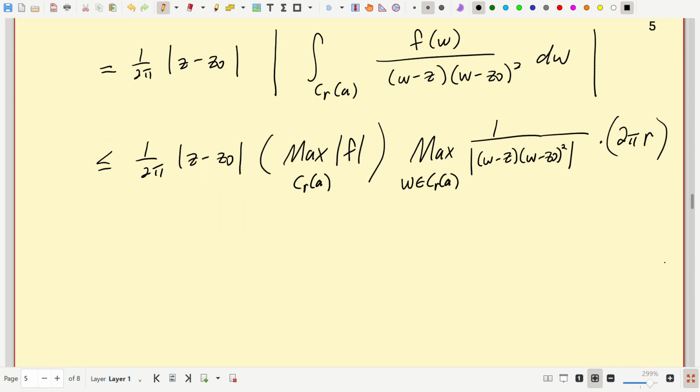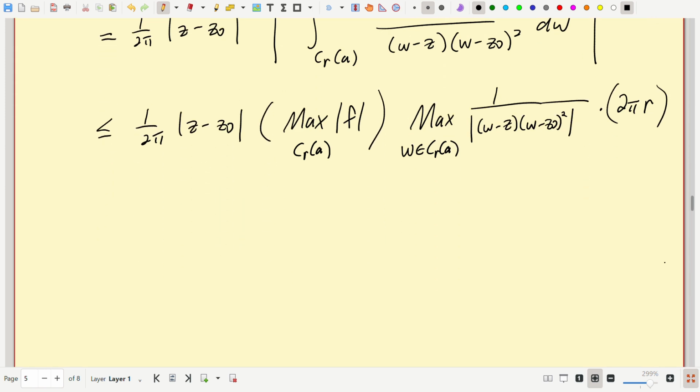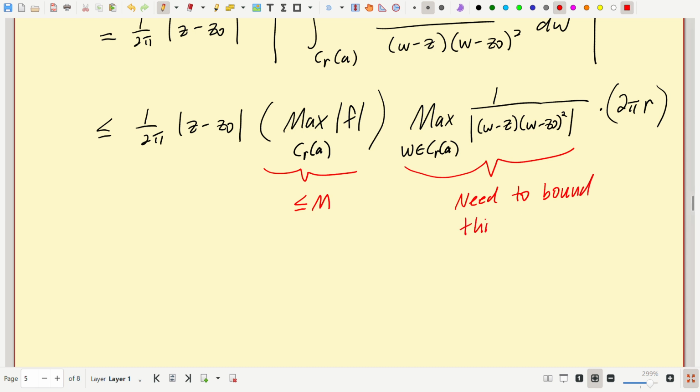Here's how you would do it. I just have to show that this is bounded, so this is less than or equal to some M, no problem. All I have to do is to bound this by something, and then I would get that my limit goes to 0.